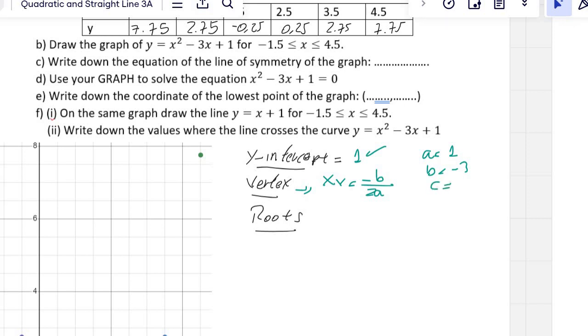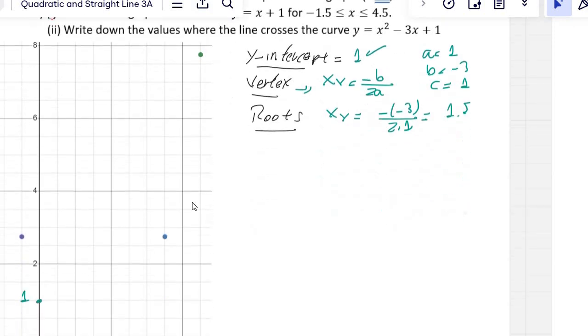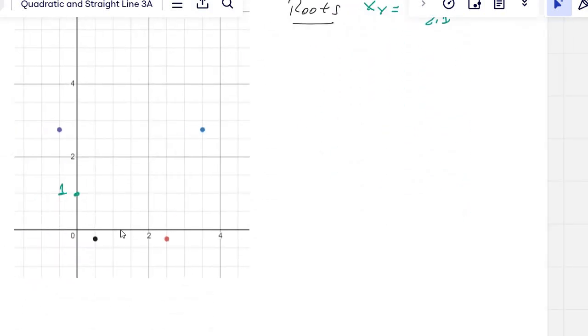We're going to use c for the roots later. Then x vertex equals minus minus 3 divided by 2 times 1, so this is 1.5. So I know I'm going to find the x vertex at 1.5.